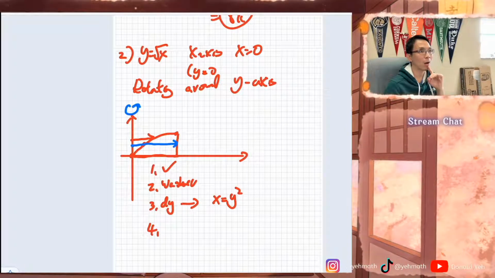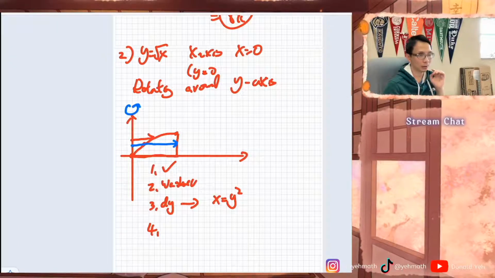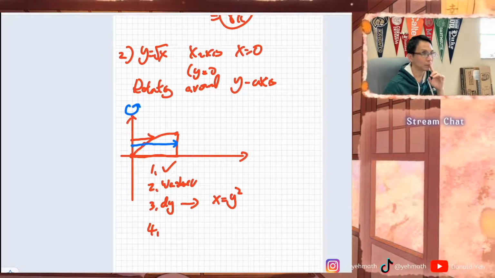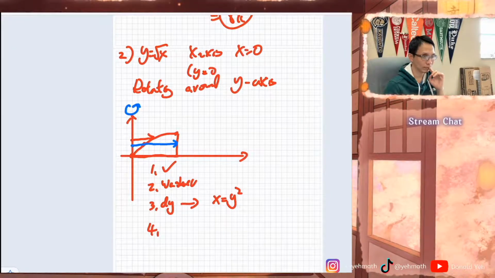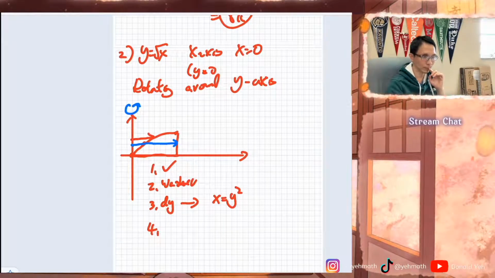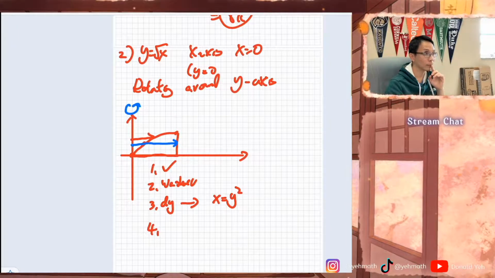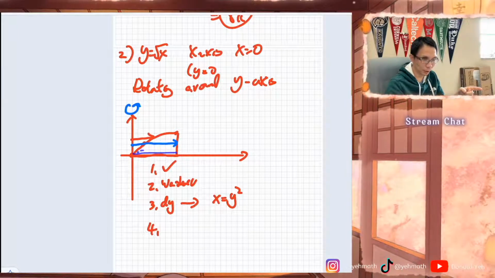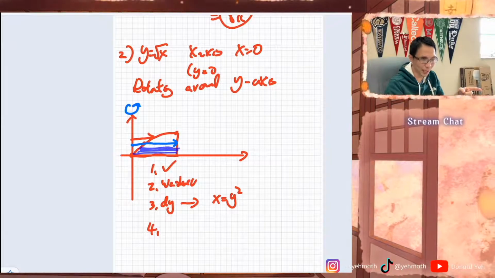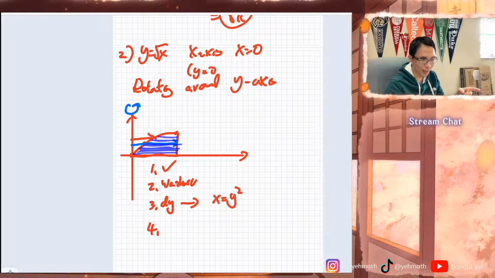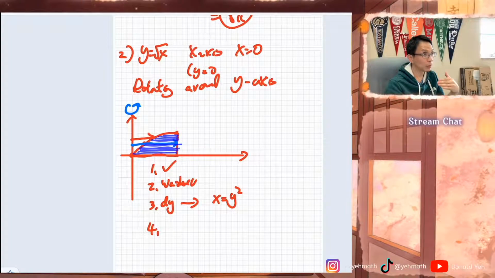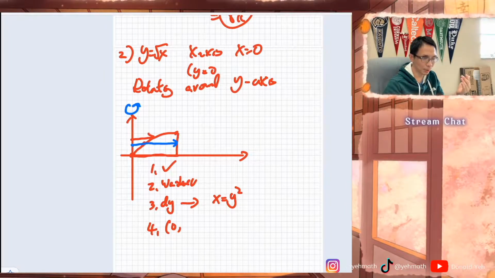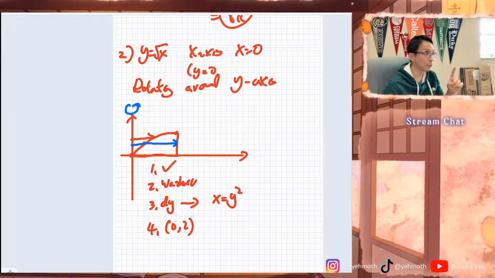Oh wait, it's y, so it's 0 to 2. We stop at 2 because we're doing the perspective in terms of y. So it'll be 0 to 2. Good job, Maria. So we found the boundary.